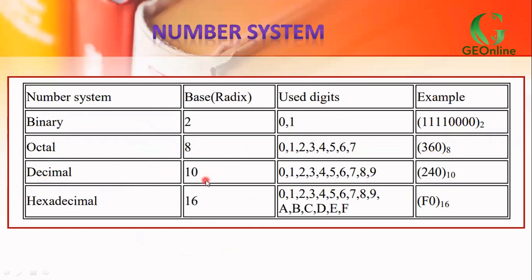Decimal number system base is 10, digits from 0 to 9, example 240 to the base 10. Then last one hexadecimal, 16 digits from 0 to 9 and A, B, C, D, E, F. Example, F0 to the base 16.